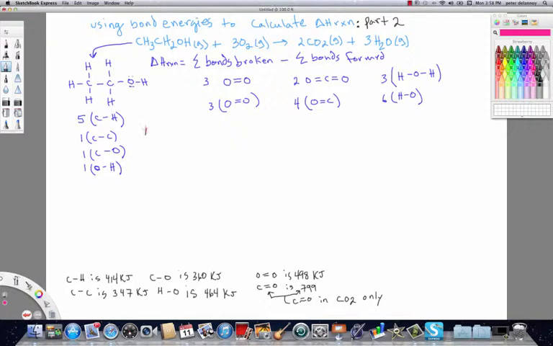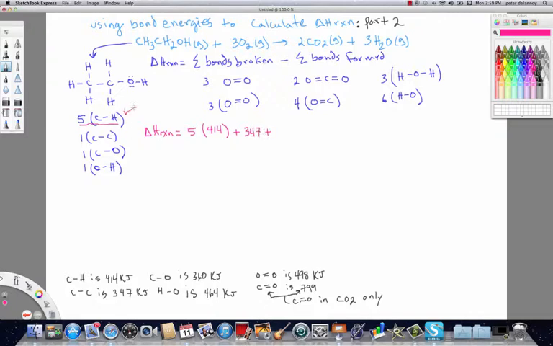So we're going to be solving for the delta H of the reaction. And we're going to have 5 CH bonds, so it's going to be 5 times 414 kilojoules. I'm just going to leave the unit out, again, for simplicity here. And then this is going to be added to, we have 1 CC bond, so it's going to be 347.